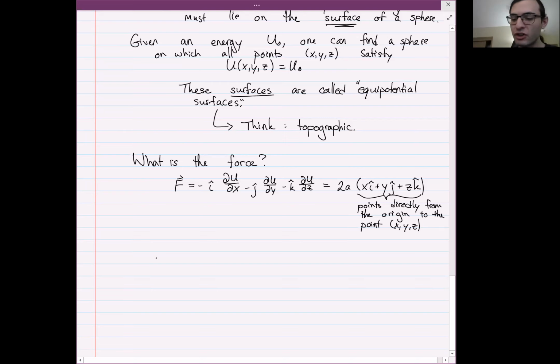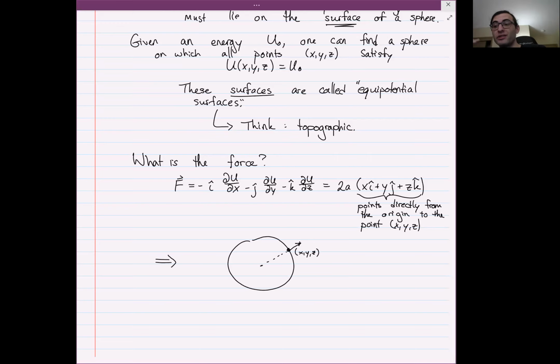If you visualize this, it'd be like you have your point here, x, y, z, and your origin. The force vector would point from the origin to the point, and it would have some magnitude, but the direction is from the center to the point of interest.